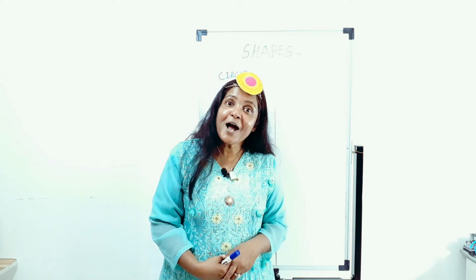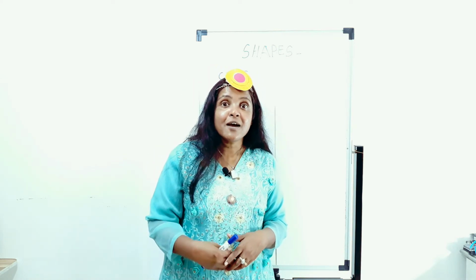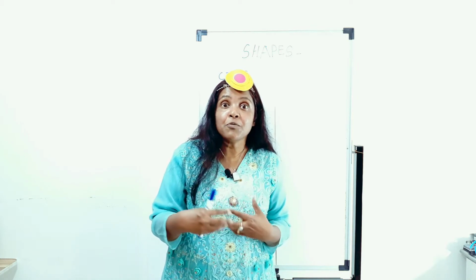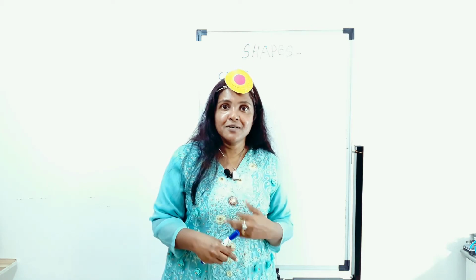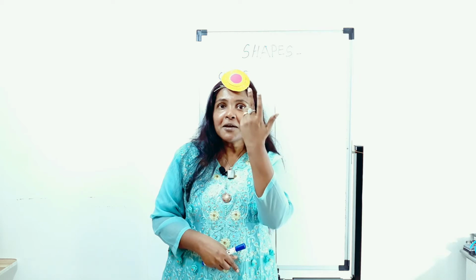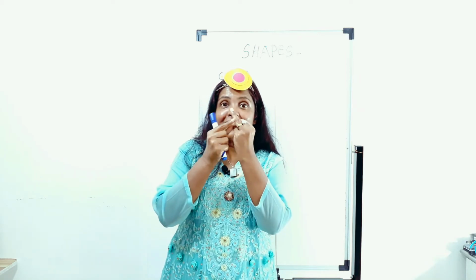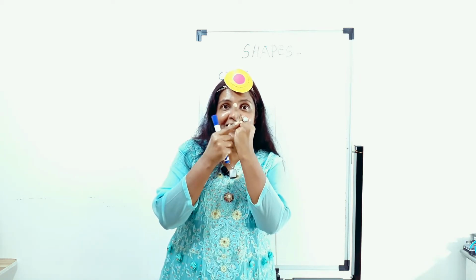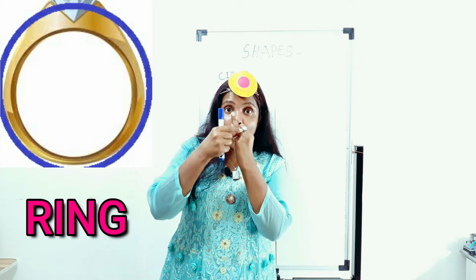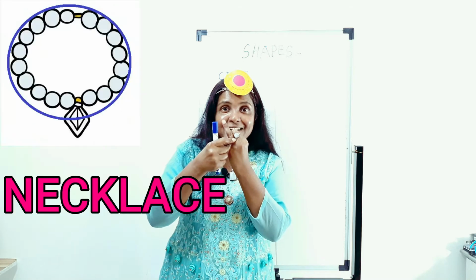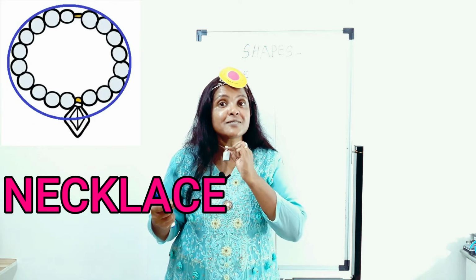Right. Now I am going to introduce the ornaments that are round in shape. Can you see this finger? Yes, what's this? Ring. Yes, it's a round shape ornament. And can you see this?